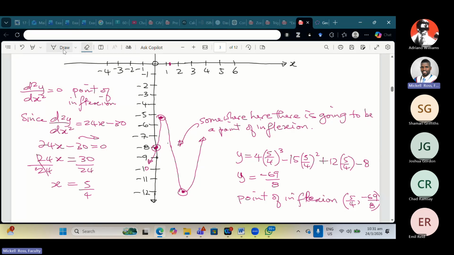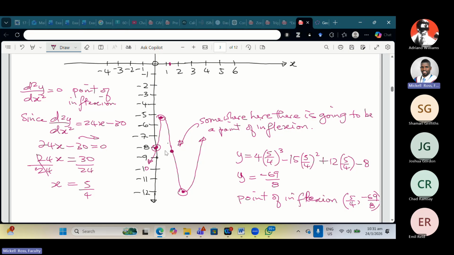So maybe about right here. So this is where we're going to get the point of inflection.